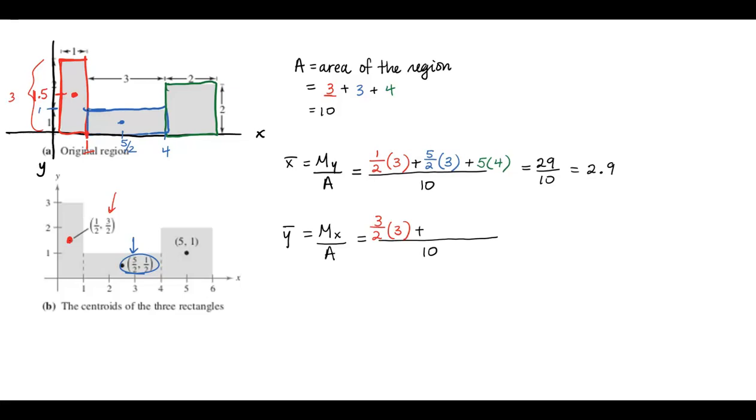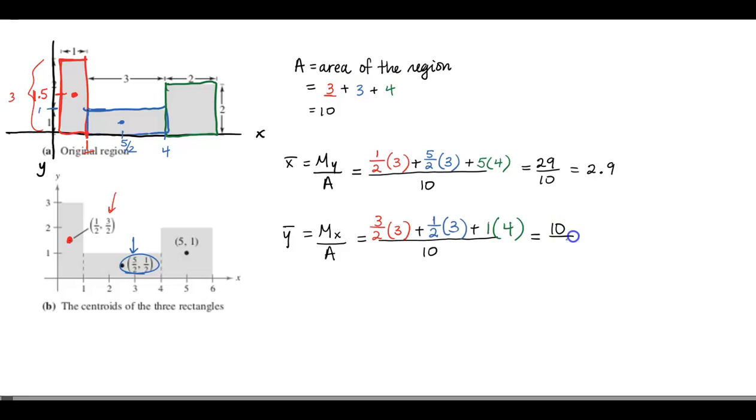To that we will add the y-coordinate of the centroid for the blue region, multiply it by the area of the blue region, and then we add in the y-coordinate of the centroid for the green region and multiply it by the area of the green region, which leaves us with 10 divided by 10, giving us 1. So now we know that the centroid for the entire region is the point 2.9, 1.